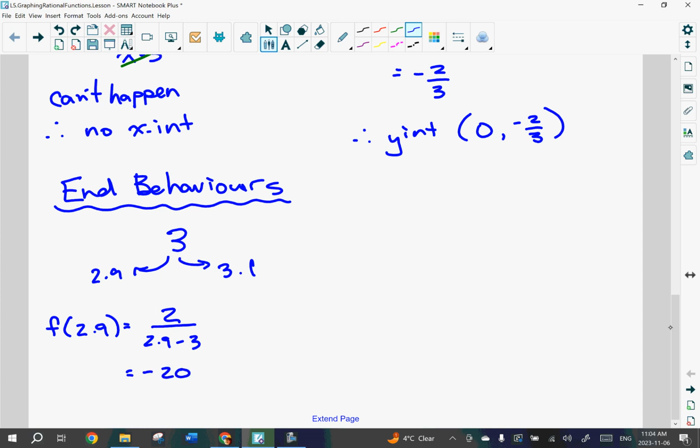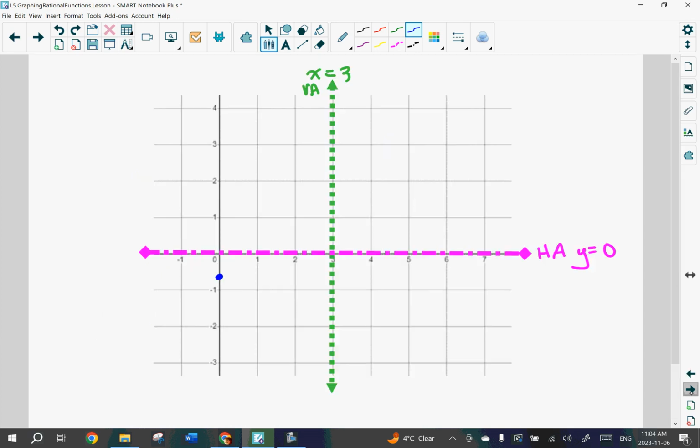So it's going down negative. That means on this side of the asymptote, we're going down, which makes sense. I'm feeling pretty confident right now, and I know it's been vertically stretched by a factor of 2, so I'm going to match those up and start showing that it is approaching the asymptotes.